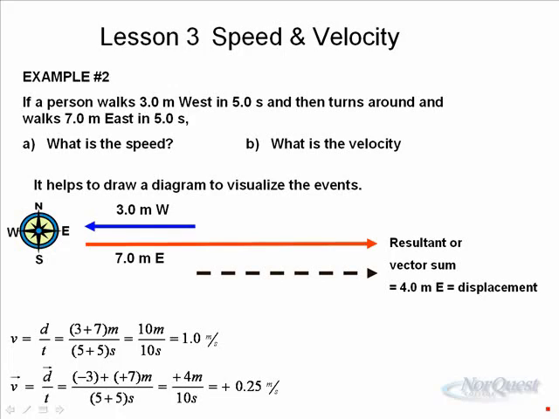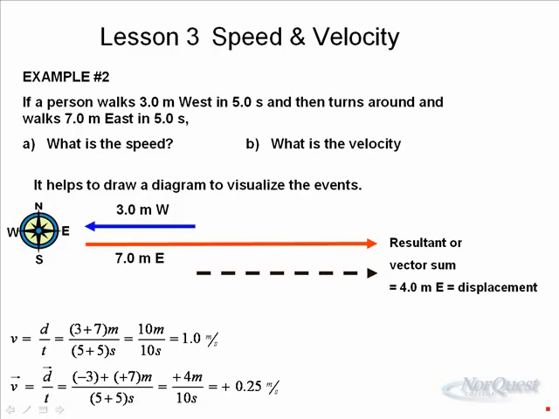So as you can see, this first calculation is a distance over time, 3 plus 7 again, over 5 plus 5 again, 10 over 10 equals 1.0 meters per second. On the bottom, we've got 3 plus 7, but the 3 is to the west, the 7 is to the east, and so one of them has to be made negative.